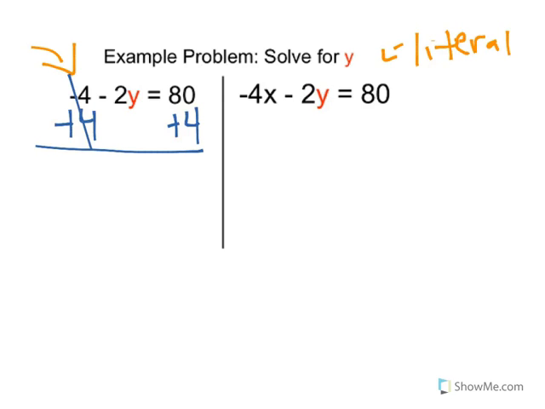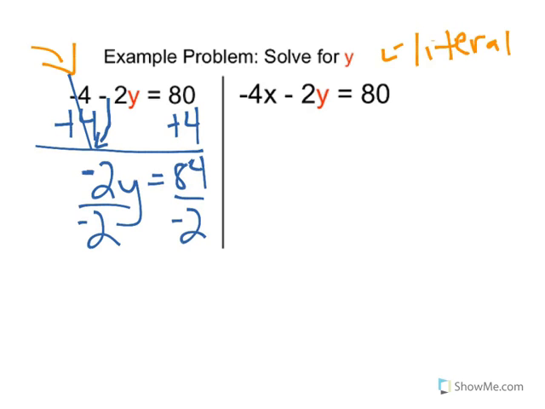That's going to cancel off, and you're left with not just 2y, but negative 2y. That sign needs to come down. Negative 2y is equal to 84. Then you have to divide both sides by negative 2. And you have y is equal to negative 42.